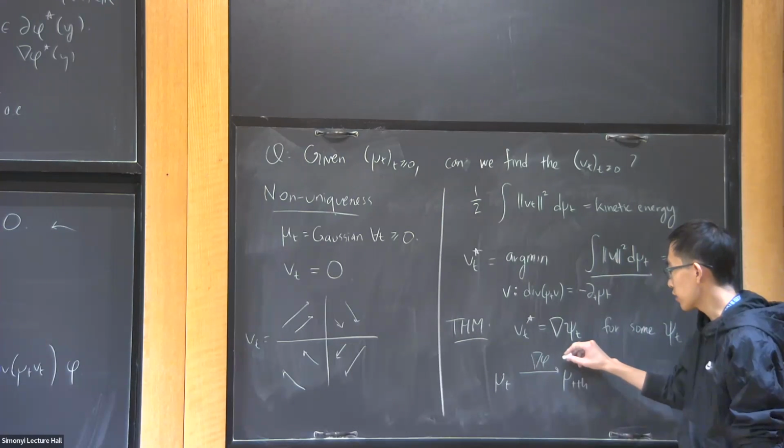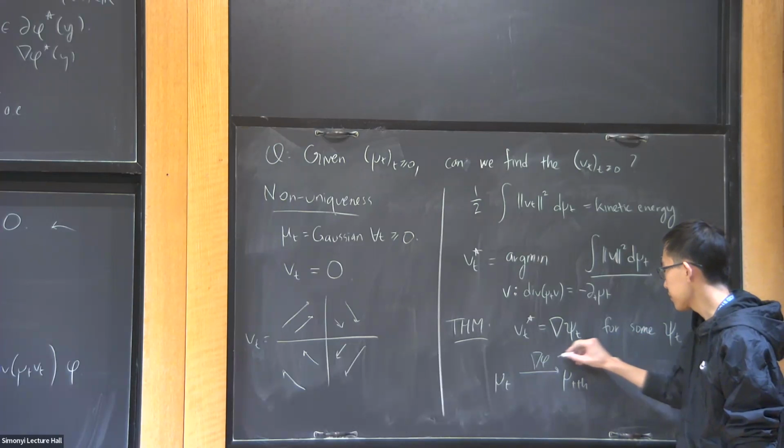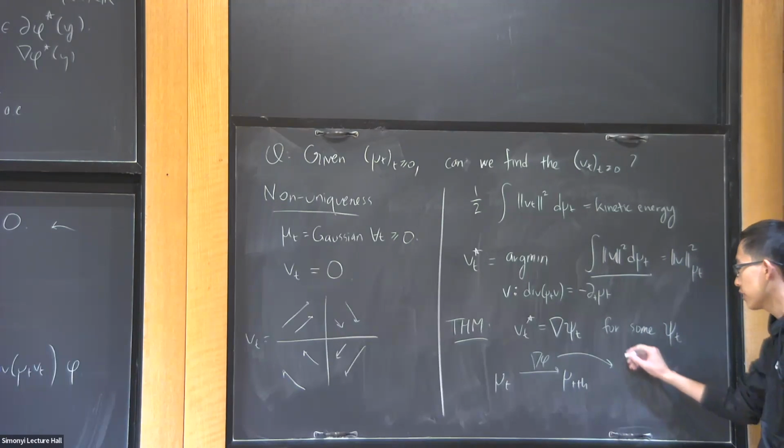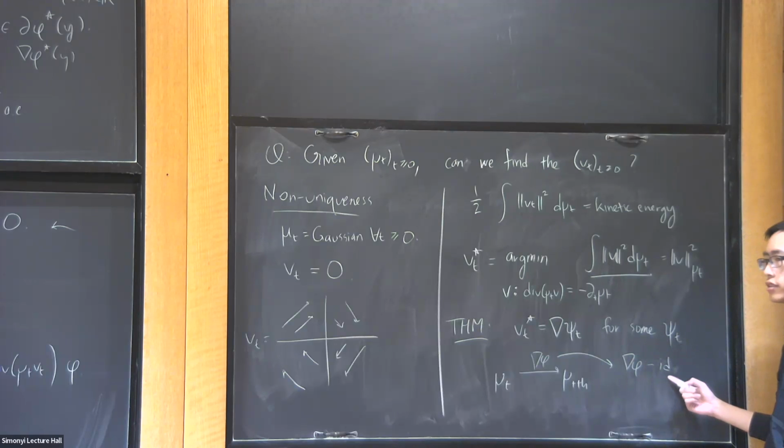If I have the gradient of a convex function, what is the velocity vector field associated with this? It's where I go minus where I started, which is just the identity mapping, divided by the time. So what you can show is that this thing is going to converge to the optimal Vt star, and because this is a gradient of a function, this is preserved in the limit.